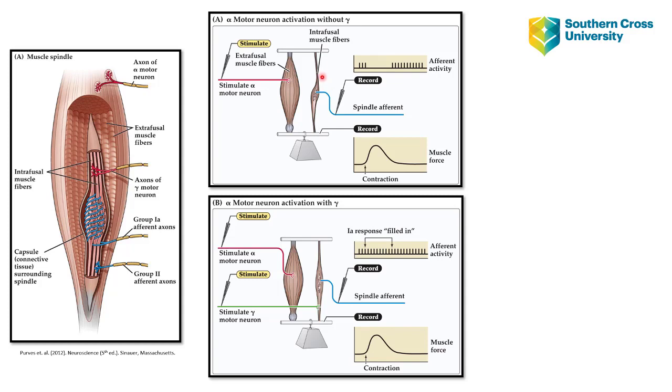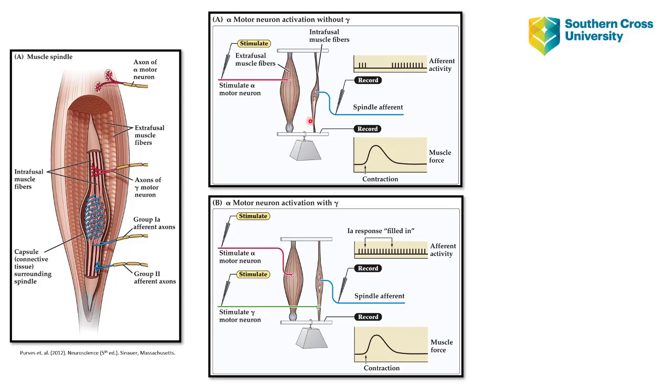Now, if that was the end of the story, what would happen when we stretch a muscle is that we stretch, the muscle spindle senses that, sends that information into the spinal cord, activates the alpha motor neuron pool, and then that sends out to the extrafusal fibers to contract that muscle.